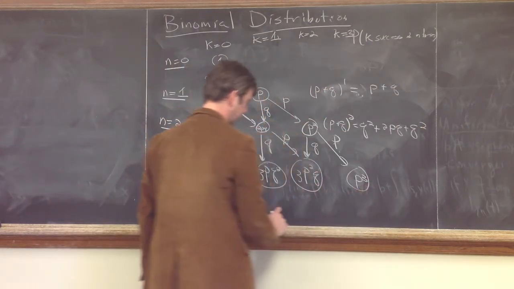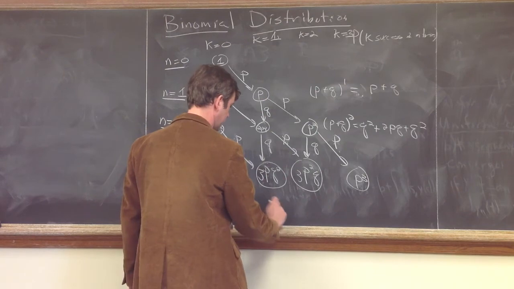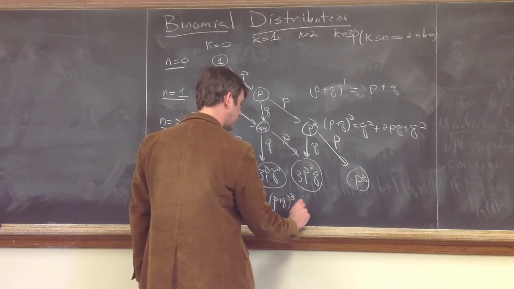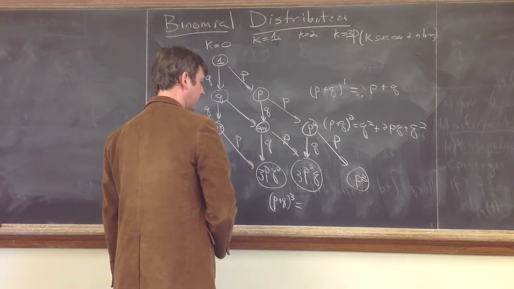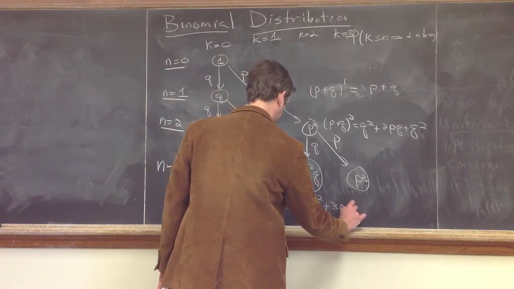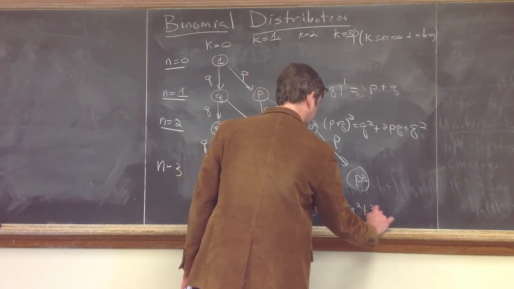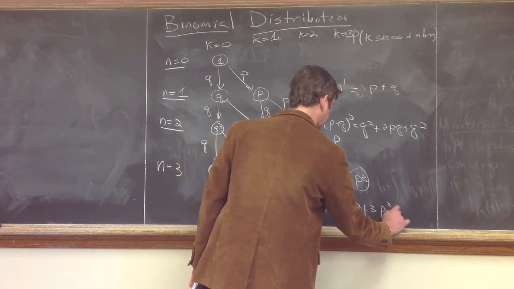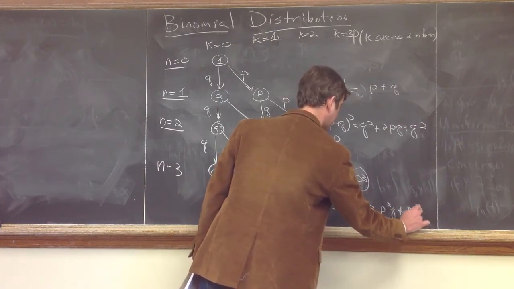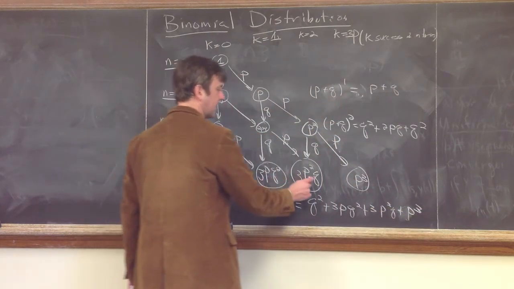And lastly, I'm going to write down here since I'm running out of room, p plus q cubed, then I get q cubed plus 3pq squared plus 3p squared q plus p cubed, which is exactly the terms I have here.